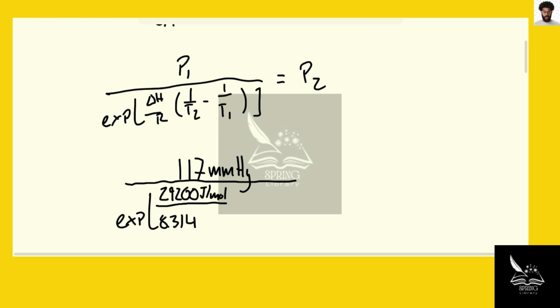Sometimes. Yep, they give us a 5: 8.3145 joules per Kelvin per mole. All right, and then here we've got the 1 over T2, which is our 307 Kelvin. That's the one we're being asked about. And 1 over 275 Kelvin.